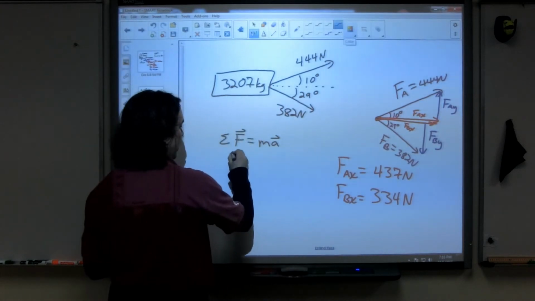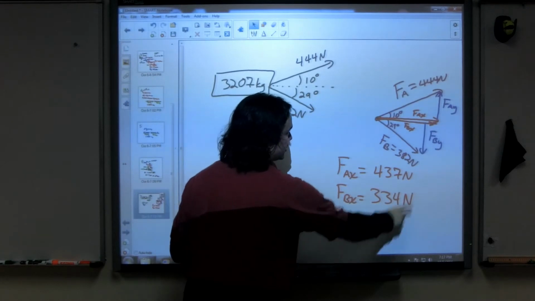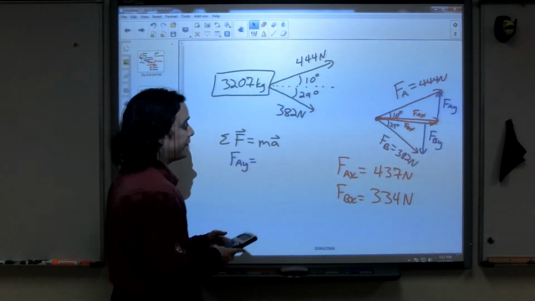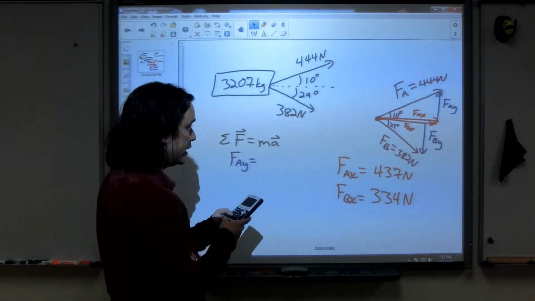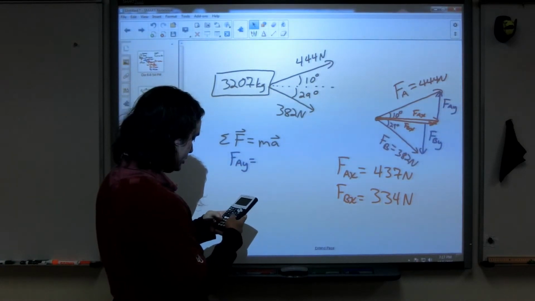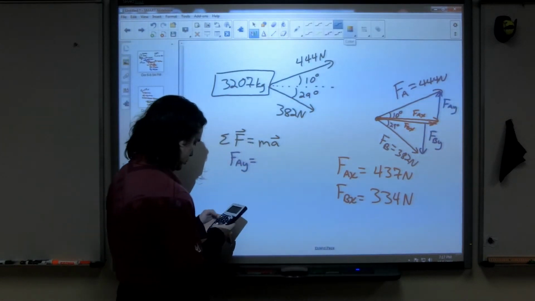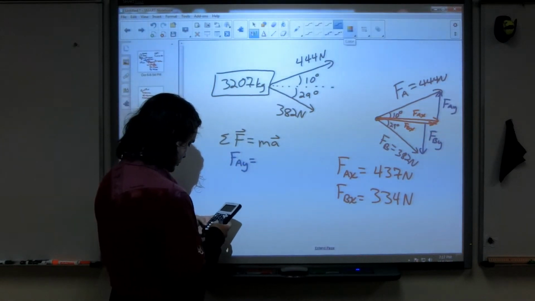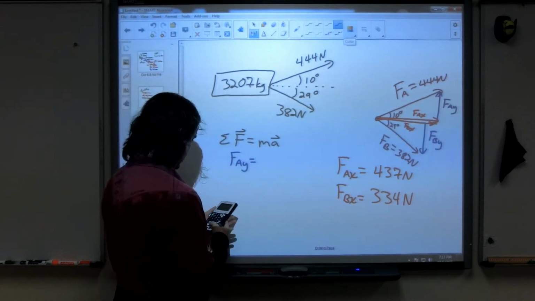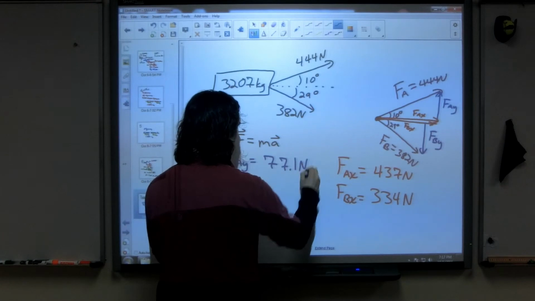I'm going to fill in my y components as well, FAY. Now this one is going to be positive because FAY is up. I've got 444 times sine of 10 degrees. And I end up with 77.1 newtons.